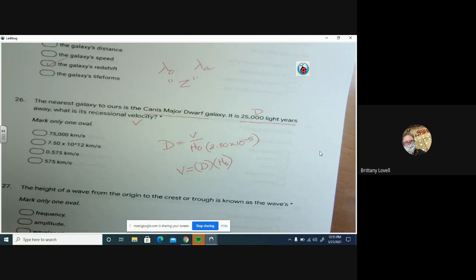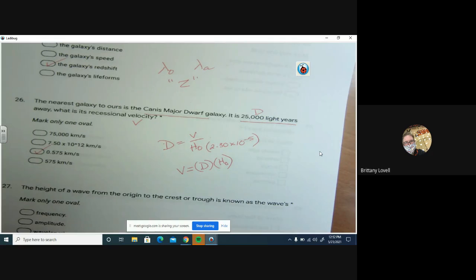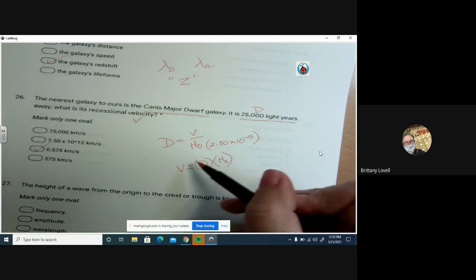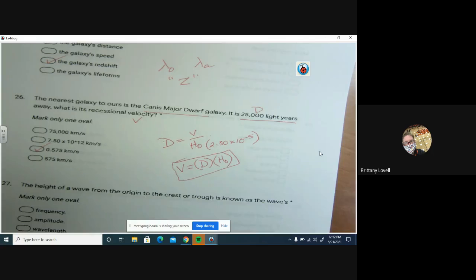If you plug it into your calculator correctly, the answer should have been 0.575 kilometers per second, I believe is what we came up with earlier today. Listen, you could write this formula on your study guide. Yes, write it on your study guide. You're going to need it.